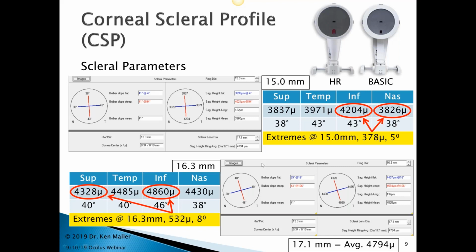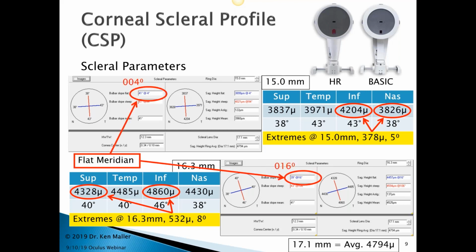Now, one of the more interesting things as I've continued to see more and more data come out of the CSP is notice here that the flat meridian on the 15 millimeter chord diameter is at 4 degrees. But as we moved out to 16.3, the flat meridian is now at 16 degrees.